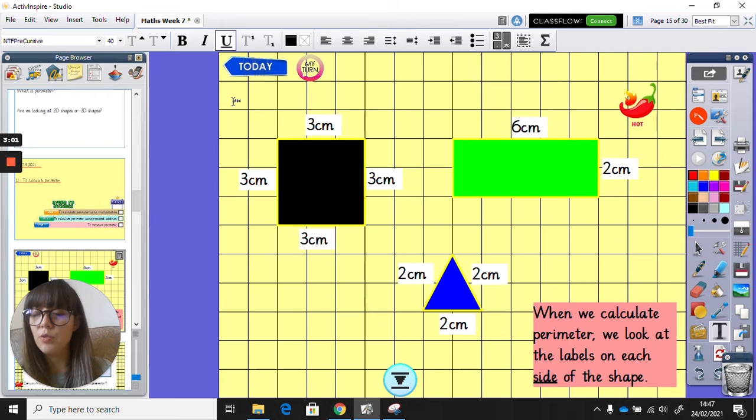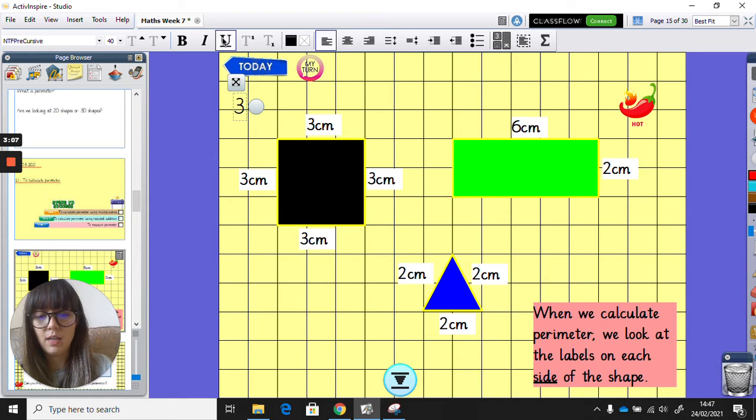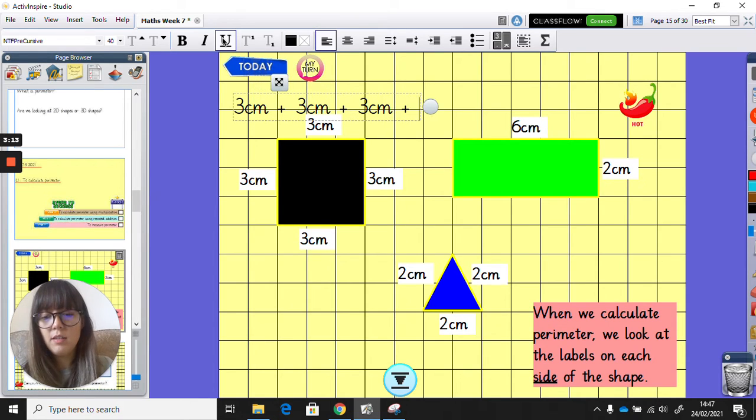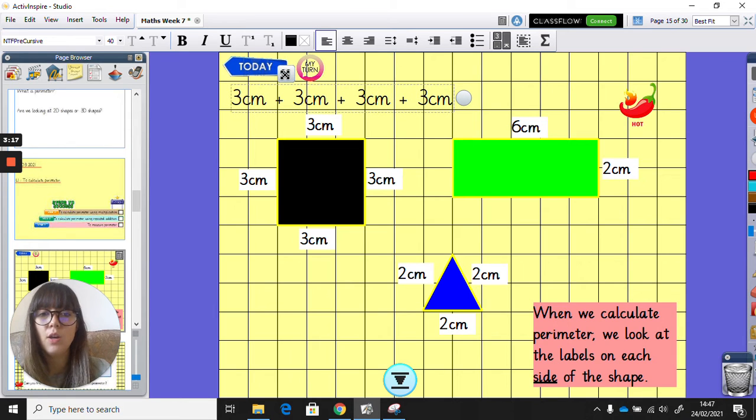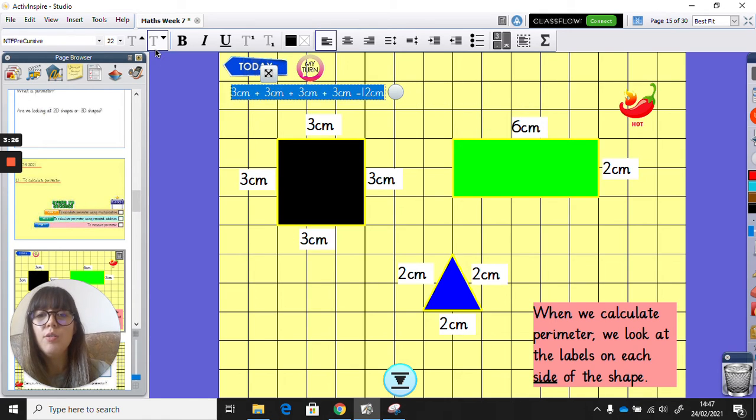Have a little think to yourself and I'm going to write the answer. So what we could do to work out the answer is we could do, I need to underline it, 3 centimetres, add 3 centimetres, add 3 centimetres, add 3 centimetres. Now if we add all that up in our head, we get the answer 12 centimetres. Now if you want to be really, really clever today, you don't need to add all those things up to work it out.